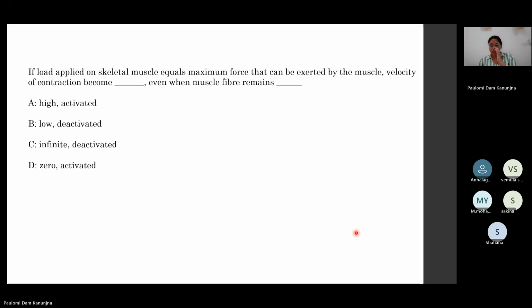Okay. All right. There were some terms which were extensively discussed in the lecture, so I'm just going to cover them in one question. This question says, if load applied on skeletal muscle equals the maximal force that can be exerted by the muscle, velocity of the contraction becomes dash, and the muscle fiber remains dash. So try to remember that topic and try to answer. It's okay if you don't. I will wait for 1 minute and then I will give you the answer. Do you remember something about load? Do you remember something about the graph that he was talking about?